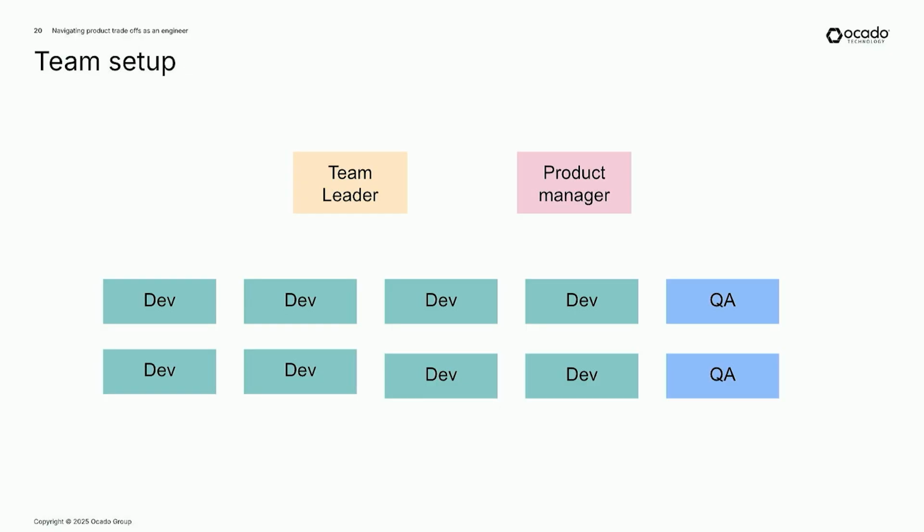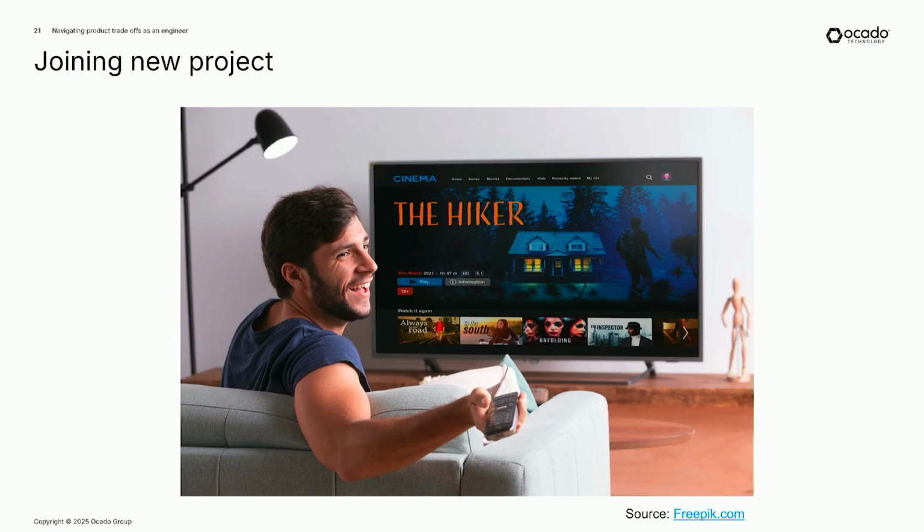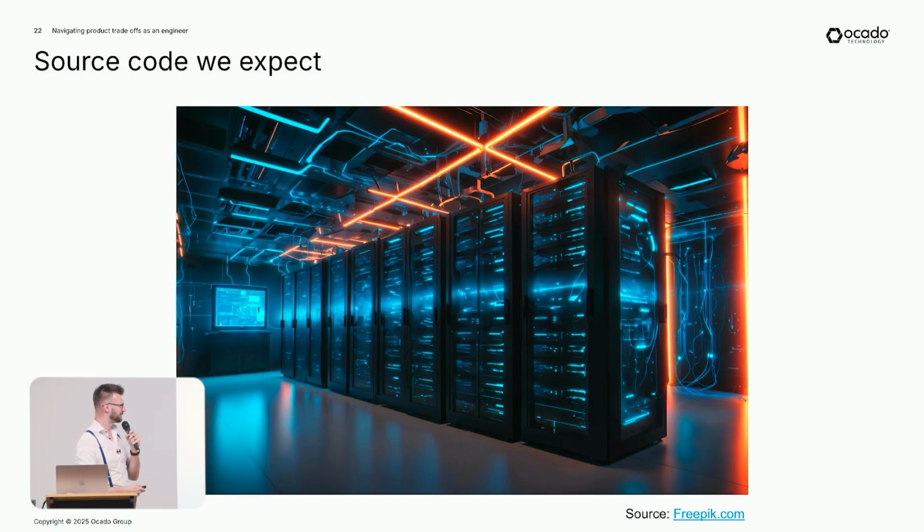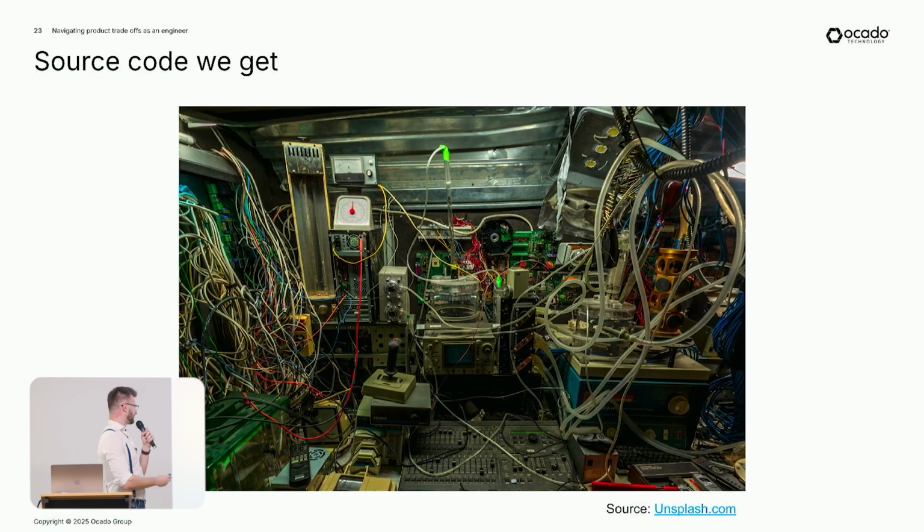And when I joined this project, I was really excited, because I thought I would be watching TV all day, and it was going to be the job of my life. And as you can imagine, it didn't work like that. Maybe if our source code looked like this, then it would really be a dream job. But in fact, the source code looked more like this.